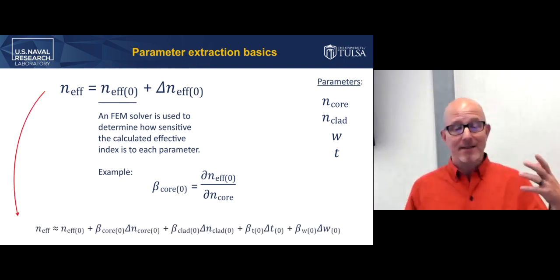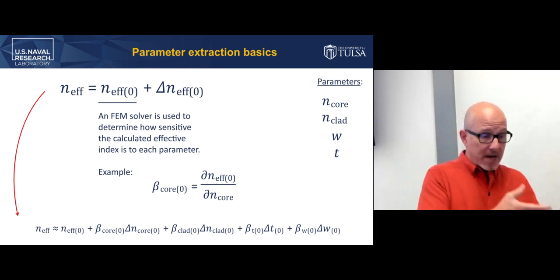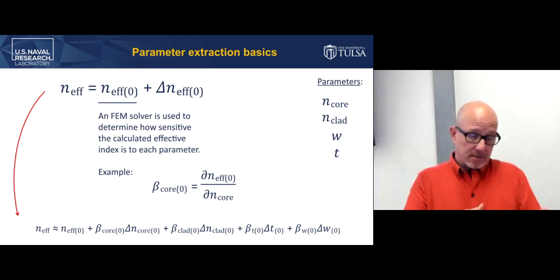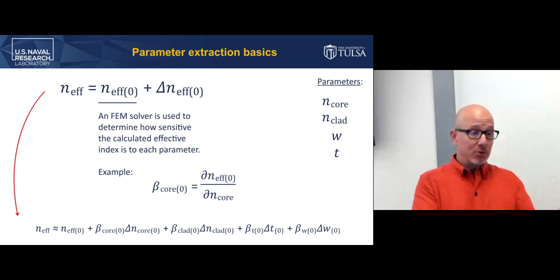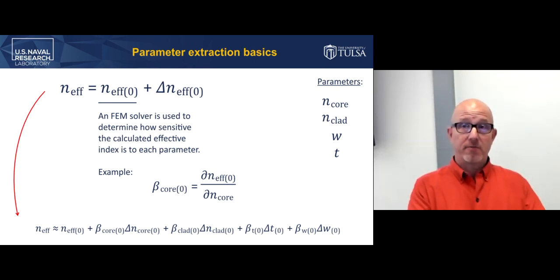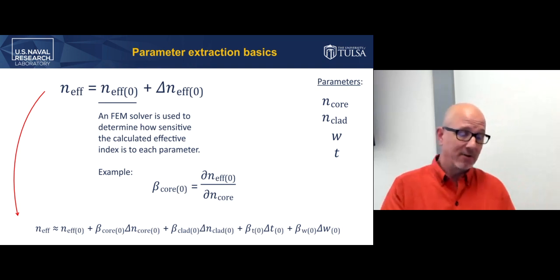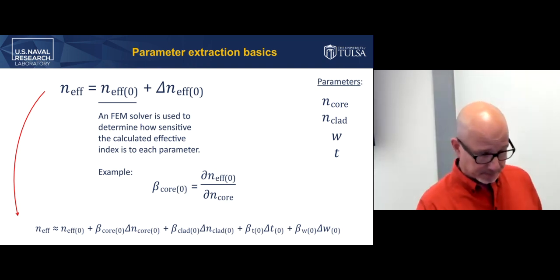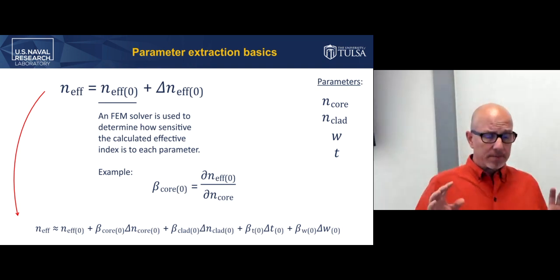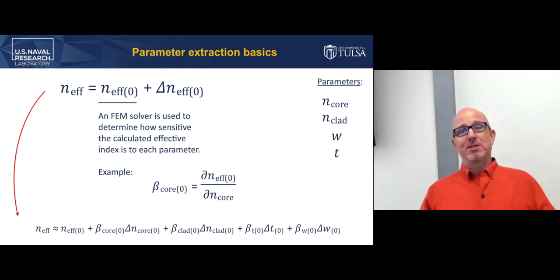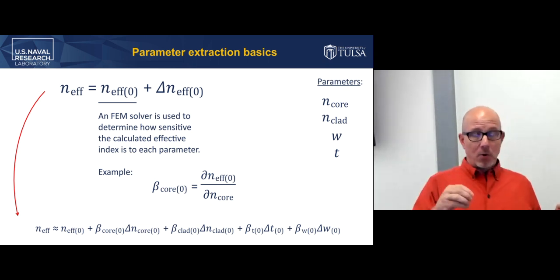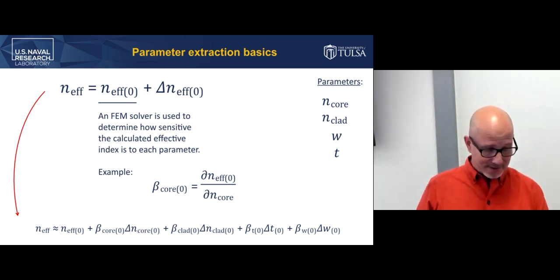So I can take the measured effective index and say that, in the multivariable linear regression, it's equal to my nominal effective index plus each one of these terms. Okay, so we've set ourselves up with a one equation, four unknowns problem.